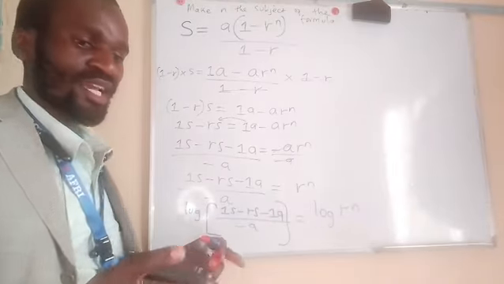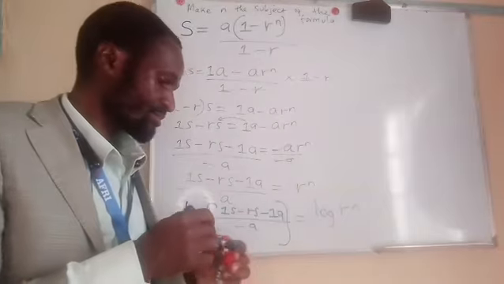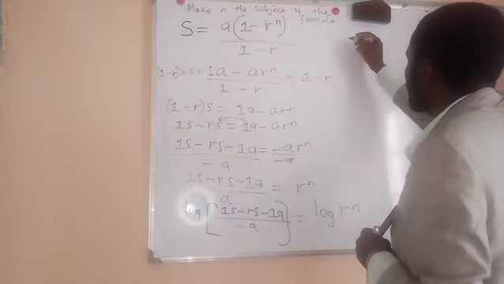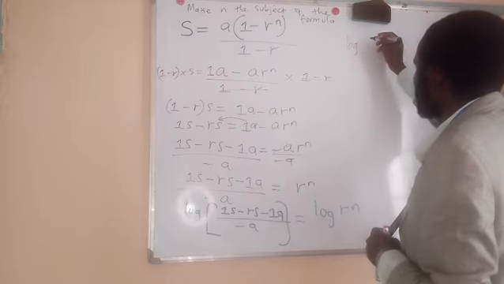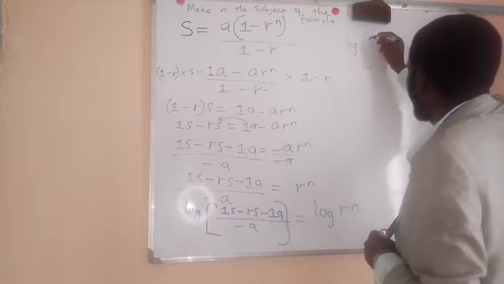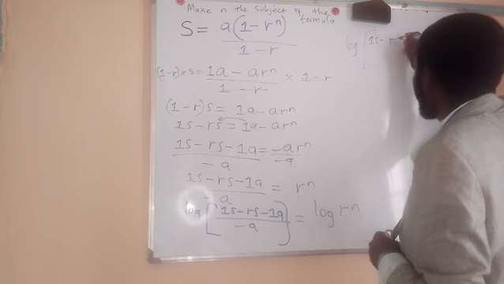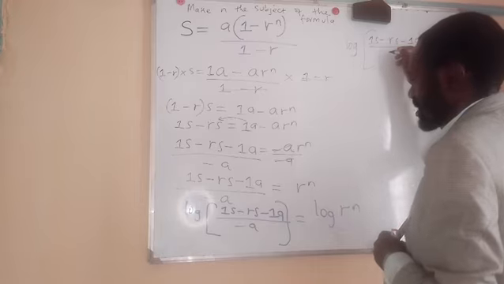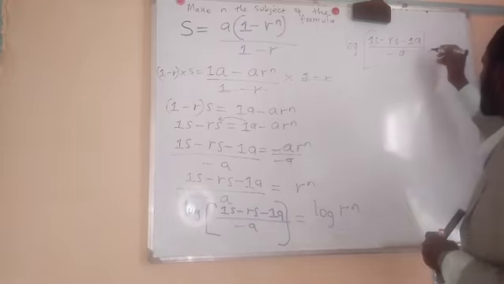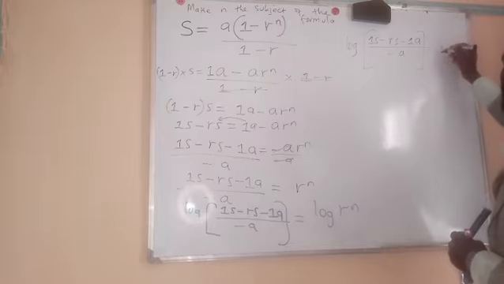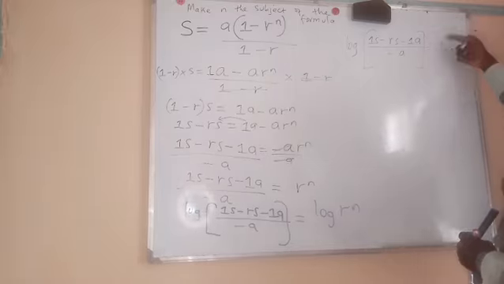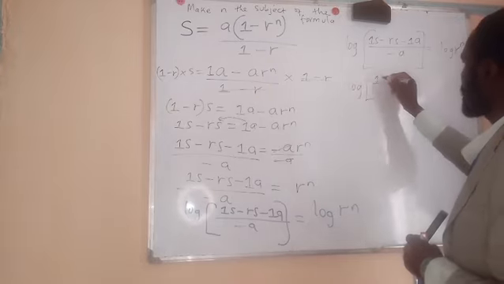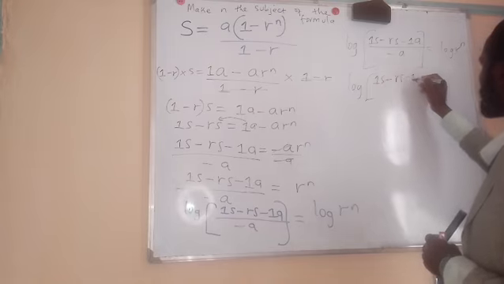There's only one way in which N can get dropped as a power, by introducing the logarithm as a very important aspect. So we shall proceed. We shall now have the logarithm of 1S minus RS minus 1A, and everything is divided by negative A, should be equal to the logarithm of R raised to N. We shall drop that N, then we shall have the logarithm into brackets 1S minus RS minus 1A.